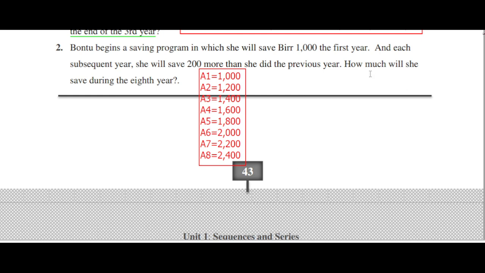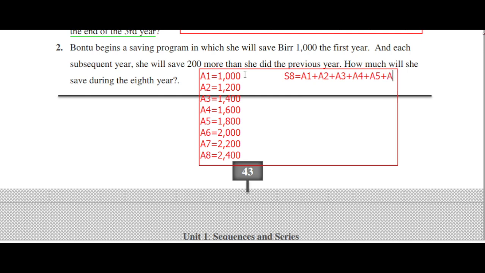So the question says, how much will she save during the 8th year? What we need to find here is S8, the sum of all these. S8 is equal to A1 plus A2 plus A3 plus A4 plus A5 plus A6 plus A7 plus A8.